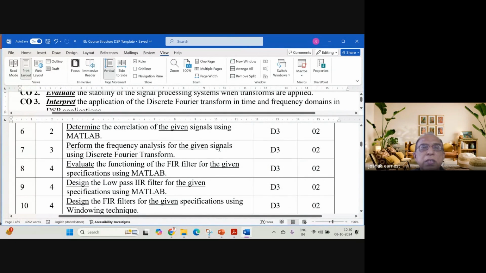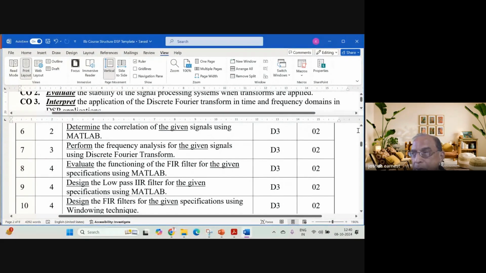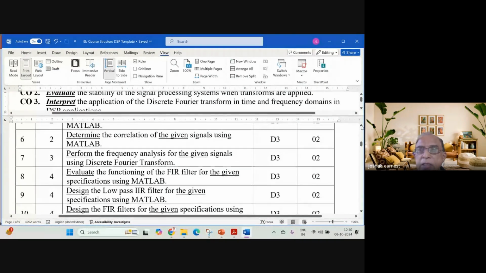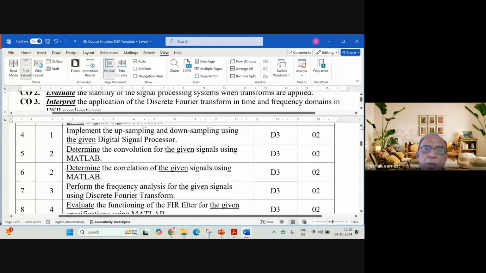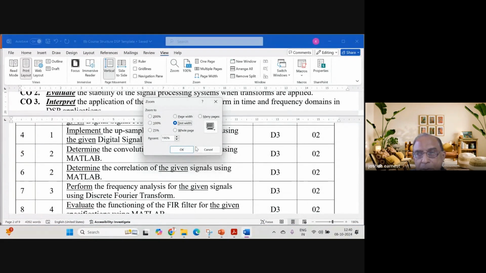So there is only one practical for CO3, but CO4 has 3. So each CO will consist of some practicals. And how will you assess the practicals? You will assess the practicals in the lab.